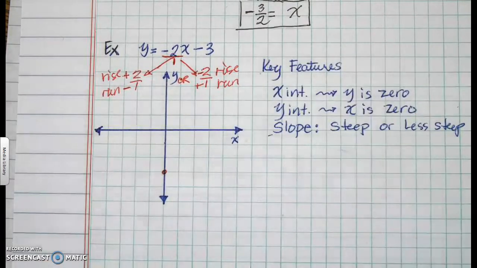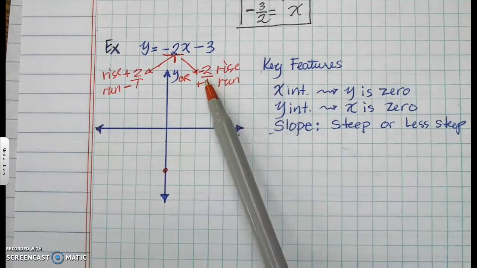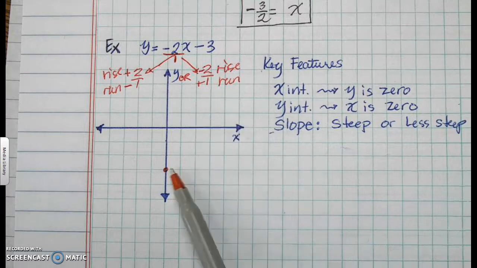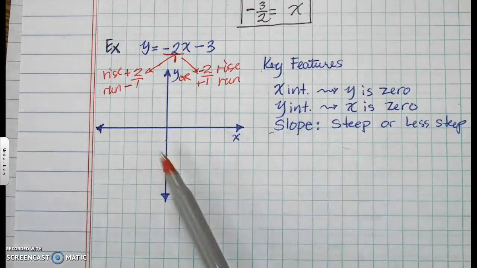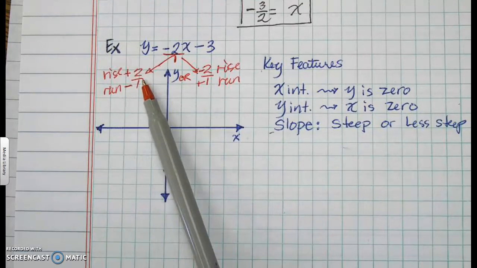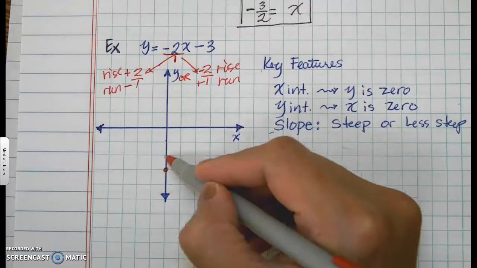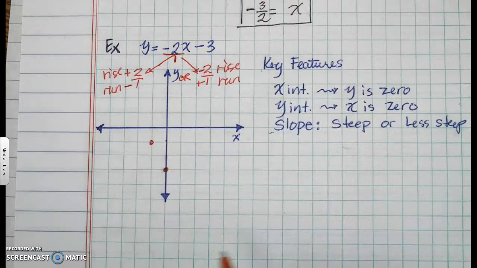All right. This is a little bit difficult to do because if I do my negative 2, positive 1, then I will have to go down and there's a little space. So I will focus on this one right here. So I'm going to rise 2 and run 1 to the left because it's negative. I'm going to go ahead and connect the dots and that'll be my line.